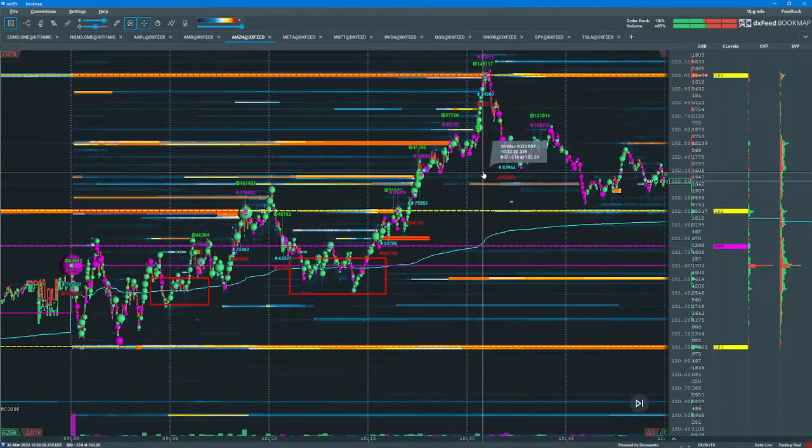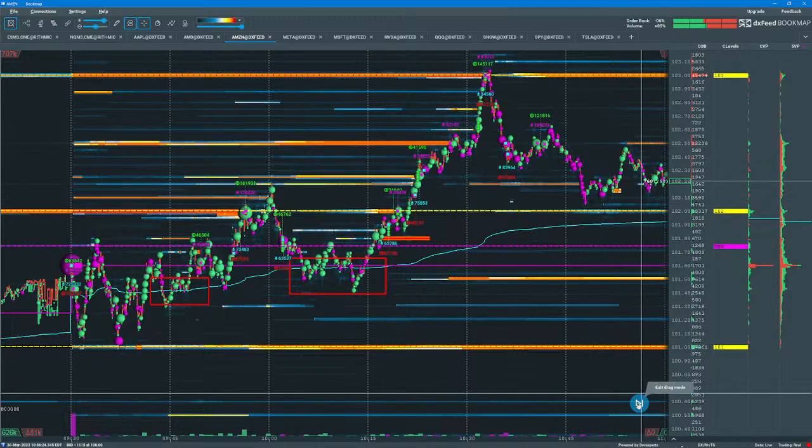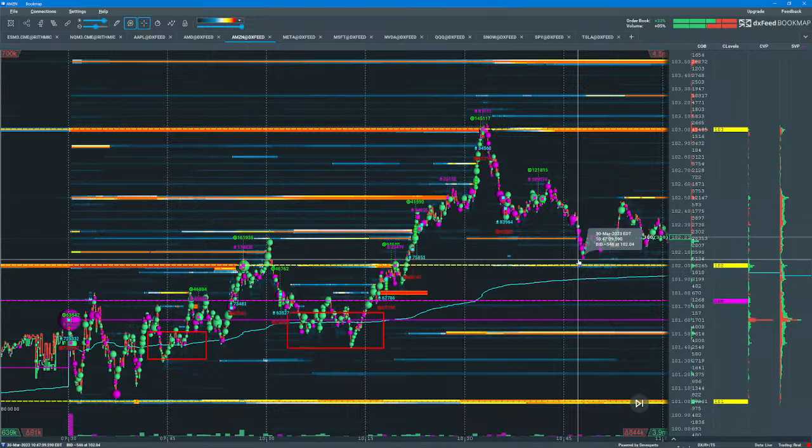I think Spotgamma is going to implement some additional alerts that may help finding stocks like this. I think that's supposed to come out at the beginning of April, so maybe next week we'll see that. But anyway, here is Amazon. Nice move up. Let's take a look at Hero.